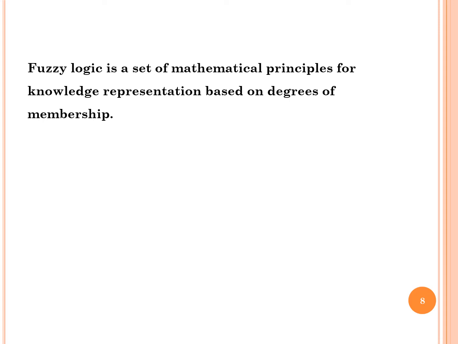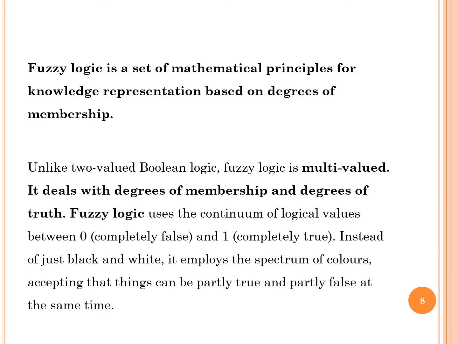Whereas Boolean logic is two-valued, 0 and 1, fuzzy logic is multi-valued.